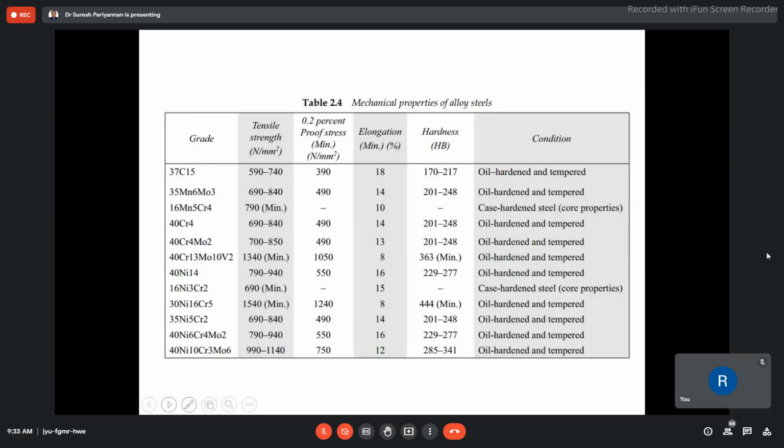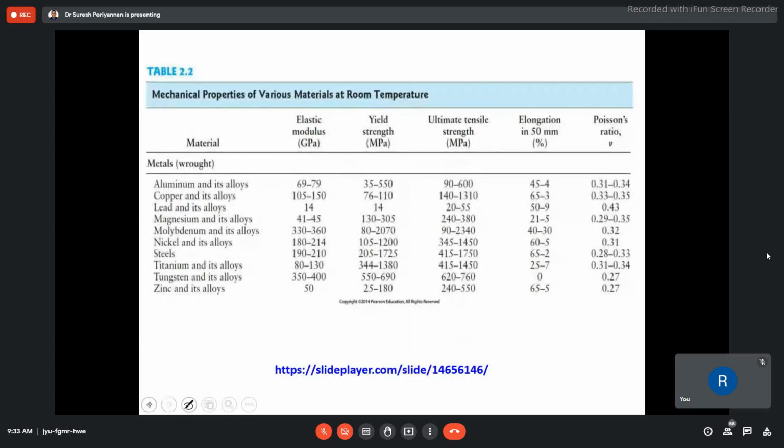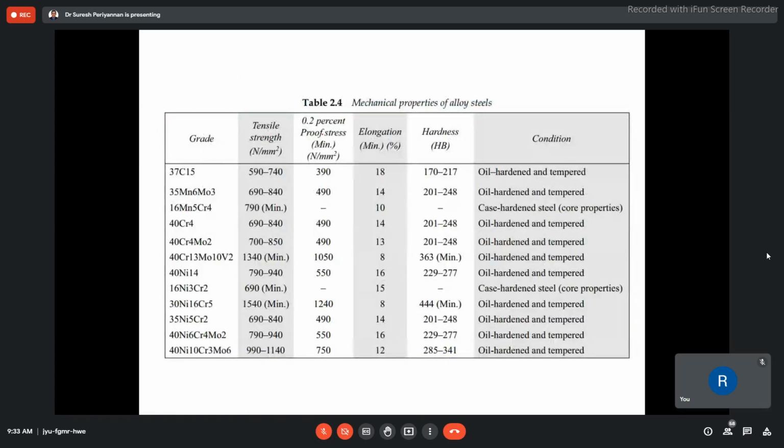Now the last table, one more table is there. See here, this is the mechanical properties of alloy steel. Now we have entered into alloy steel, right? Now 37C15. What is 37? Yeah, please someone reflect. Sir, 0.37% of carbon.